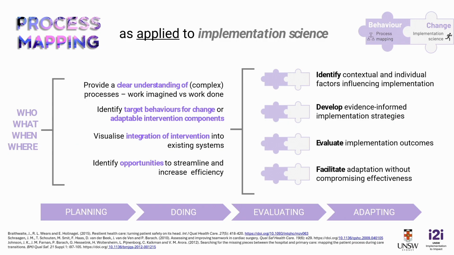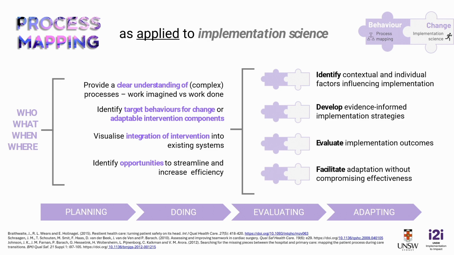And this helps us to provide a clear understanding of complex processes, so we can really unpick work as imagined versus work as done. We can identify target behaviours for change or adaptable intervention components, visualise integration of interventions into existing systems, and identify opportunities to streamline and increase efficiency.